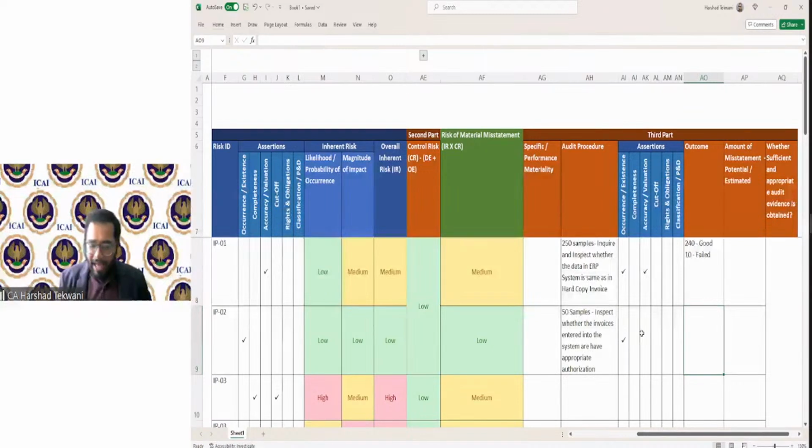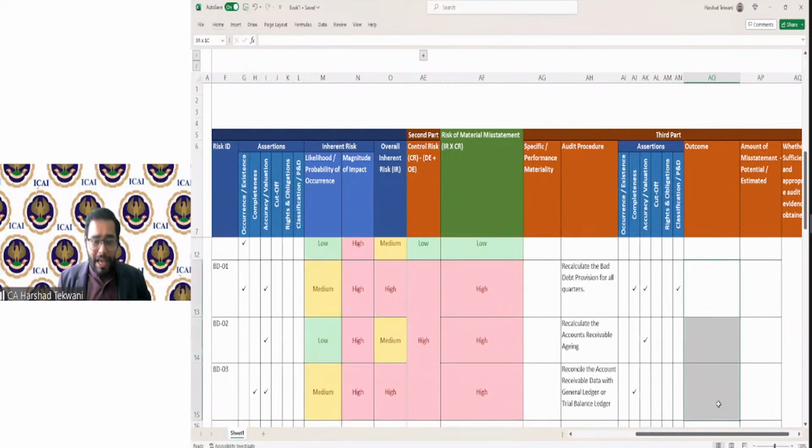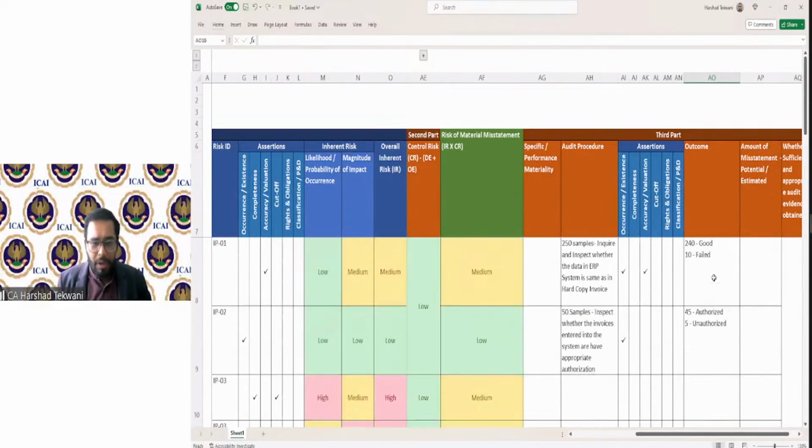When I was checking 50, I identified 45 authorized and 5 unauthorized. Then, when I was checking the bad debt provision, I identified the calculation is good. When I was checking the aging, aging was also good. And when I was tying to the general ledger, everything was good in this case.